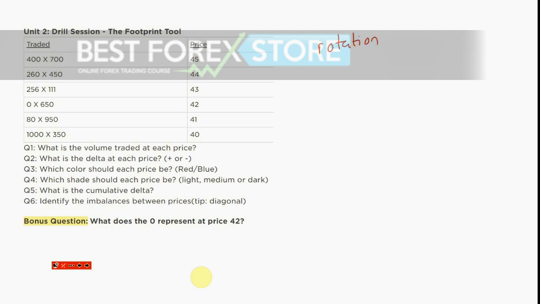Within that rotation factor we spoke about two different types of rotations. The first was a bar type rotation, which is predominantly a time-based rotation, and then the second was the point and figure. Once we spoke about our rotation, we then moved on to looking at the different types of source footprints we can create, and we had 5 different footprint sources.